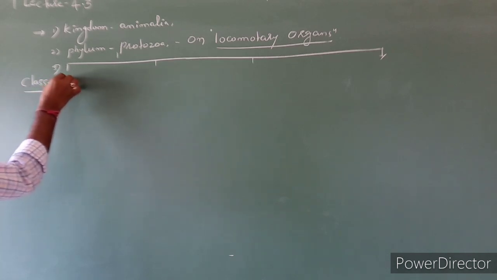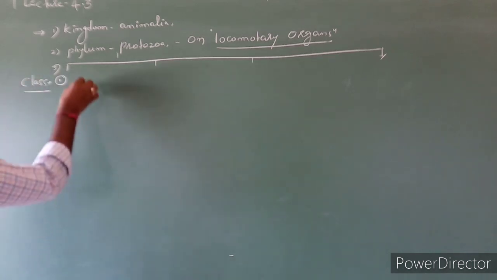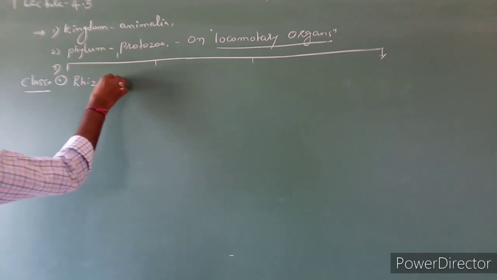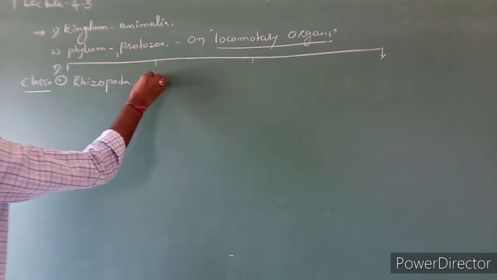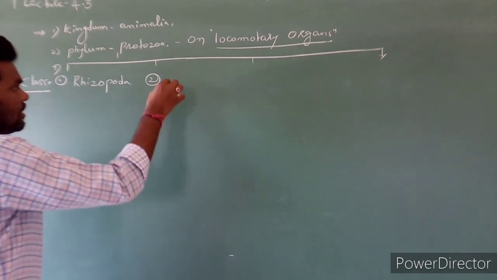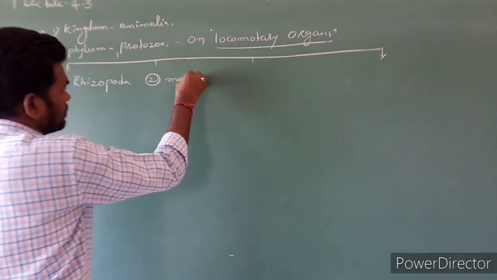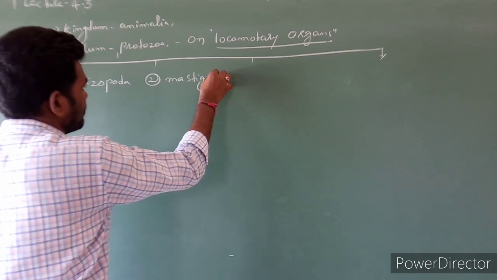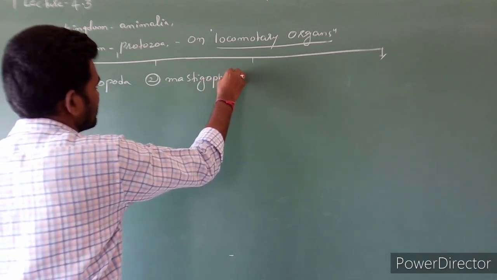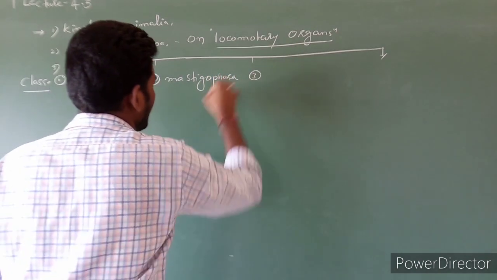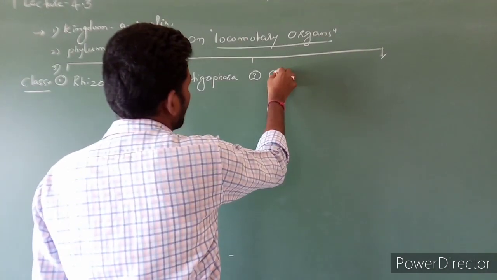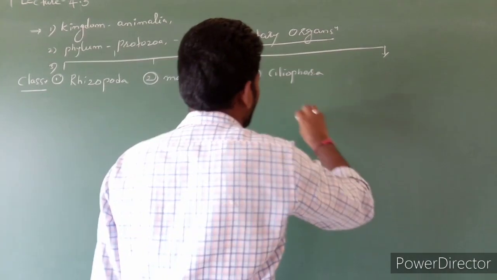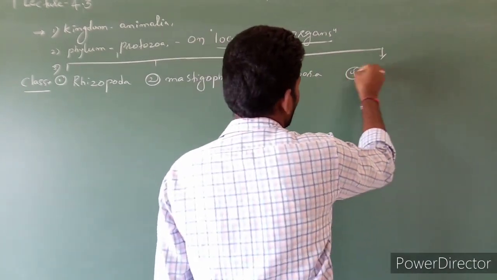The first class is Rhizopoda. Next one is Mastigophora. Third one is Ciliophora, and the last one is Sporozoa.